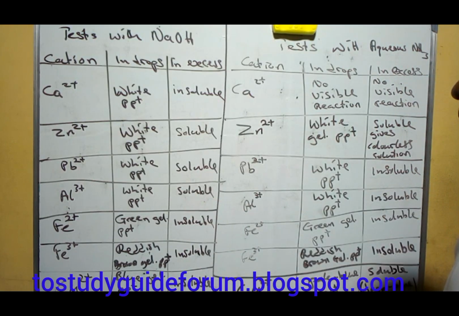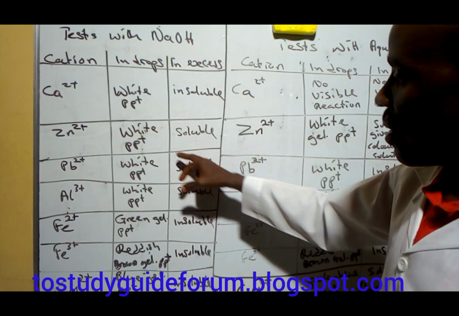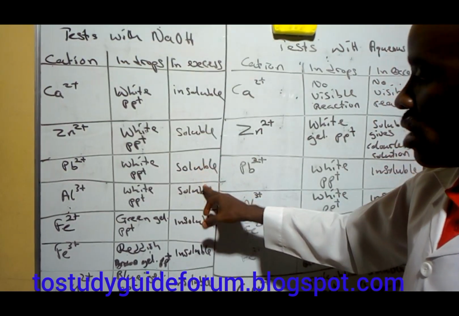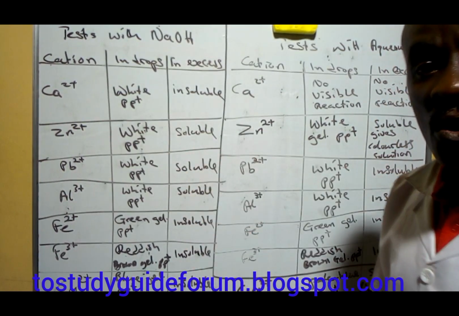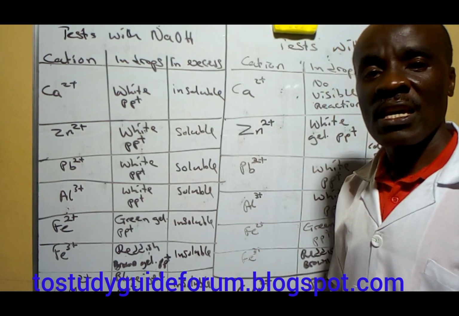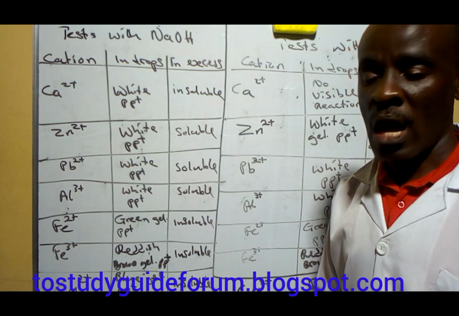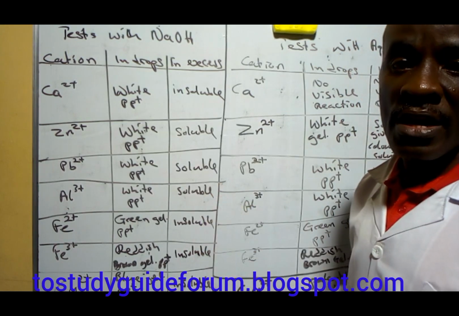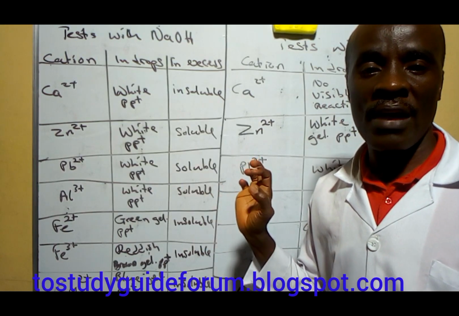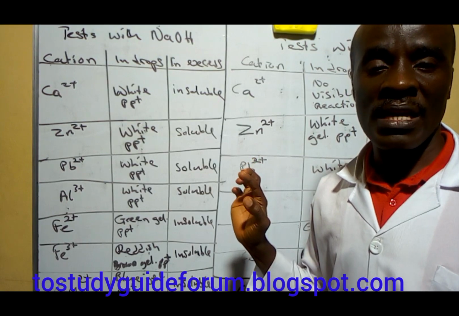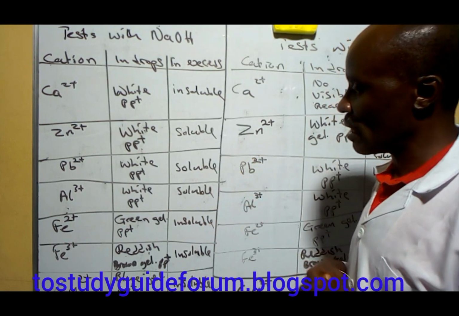Now you know something here. Do you notice that all three of them are white precipitate soluble in excess? These three are soluble like that because they are amphoteric oxides. They have two characteristics: they can act like an acid and also act like a base.